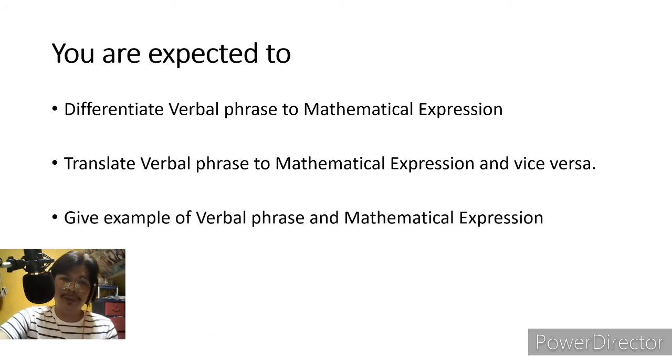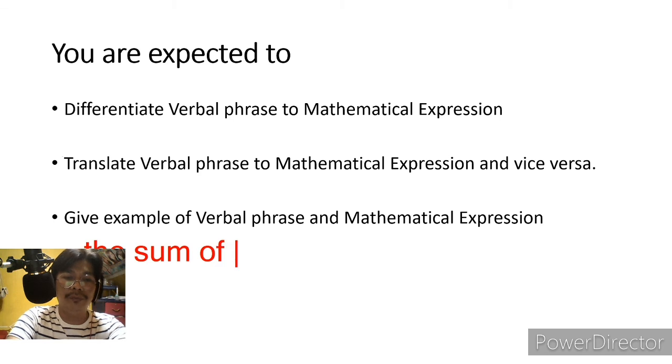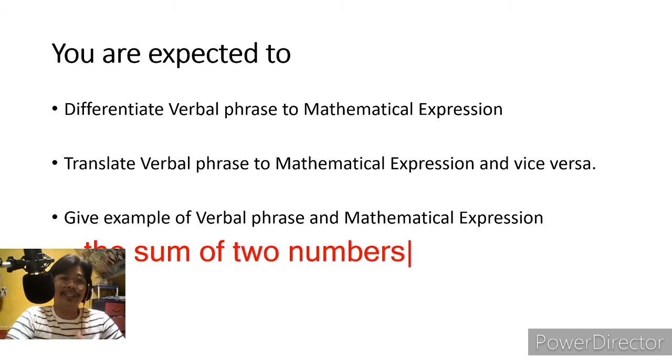So, give an example of a verbal phrase and a mathematical expression. When we say verbal phrase, for example, the sum of two numbers. Since the statement that we give is a group of words, this is an example of a verbal phrase.